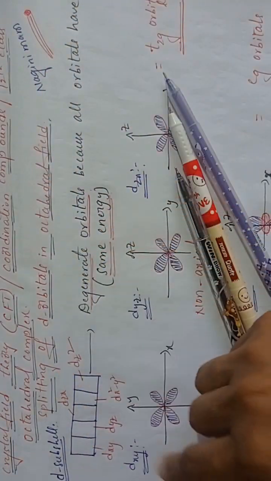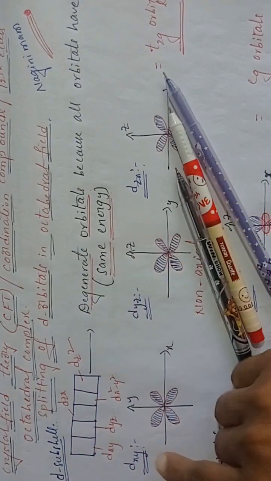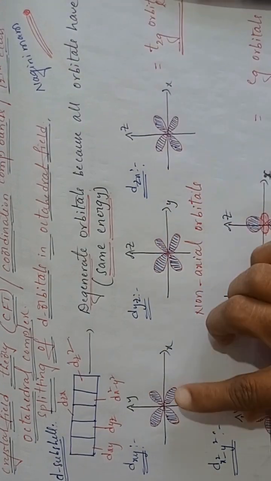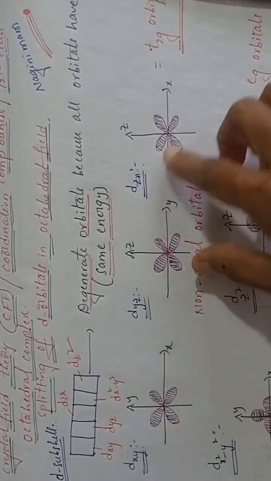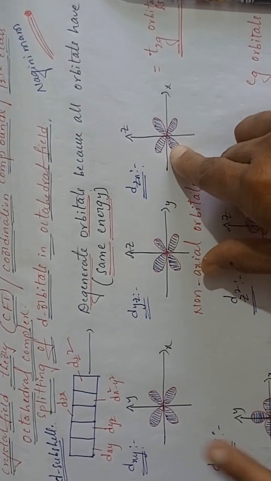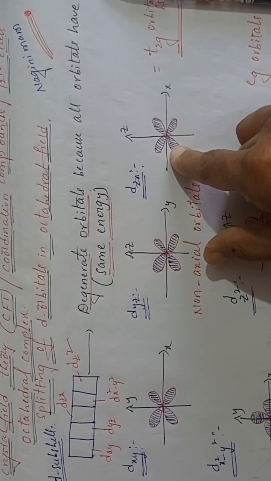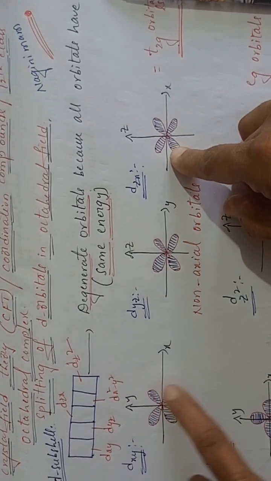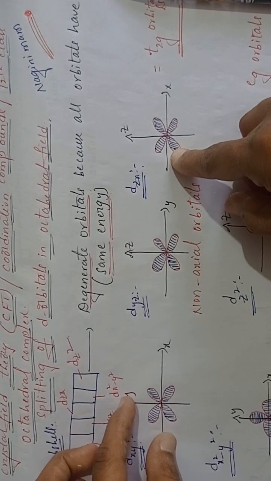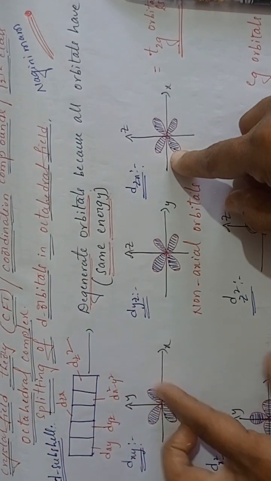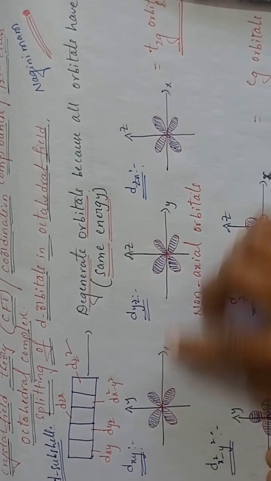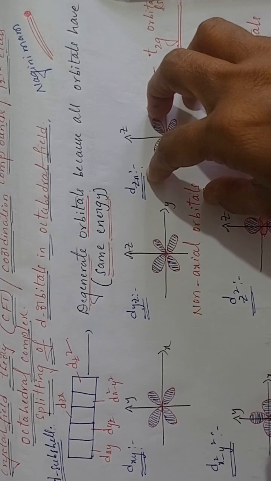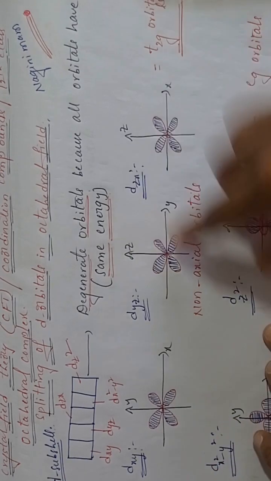Now coming to the shapes of these orbitals, dxy, dyz, dzx. We know that the d orbital shape is a double dumbbell. These are the lobes, and these lobes are present in between the Cartesian axes. So these three orbitals are non-axial orbitals.